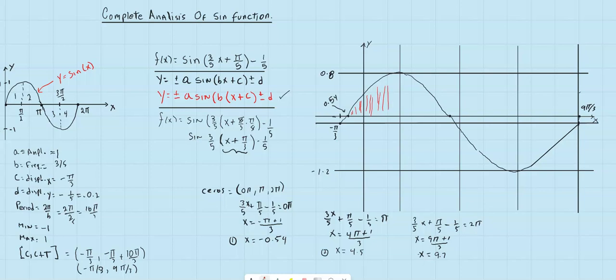The positive interval is going to start right here at negative 0.54, all the way to this point right here, which is equal to 4.5.